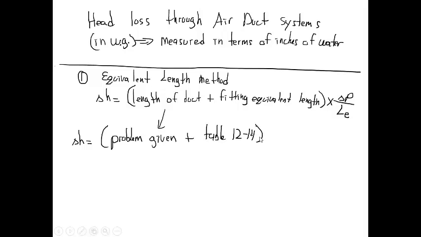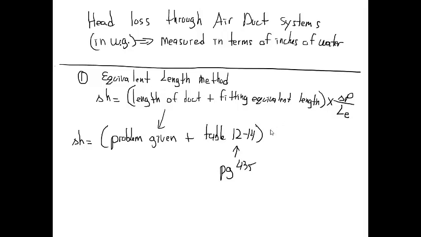Table 12.14 in your book is a table that gives you the equivalent lengths of various fittings. Now, for the context of the class, we're going to stick to all the fittings that that particular table has. So again, that would be table 12.14. Just so you know, that's on page 435.